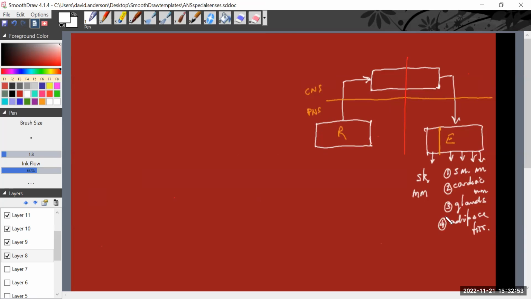So the pathway's in the same direction, it follows the same rules. There's a difference though. So what I'm going to do, I'm going to just take this arrow out and just change things a little bit. So we know that most of the integration that goes on in the somatic system, the so-called voluntary system, goes up to the cortex.